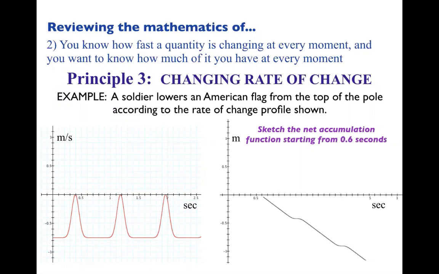Something like that, right? When hands are being changed, we see zero change in the height, so the height's going to level off, and then it's going to head down when the hand is pulling, and then it's going to level off when hands are changing.